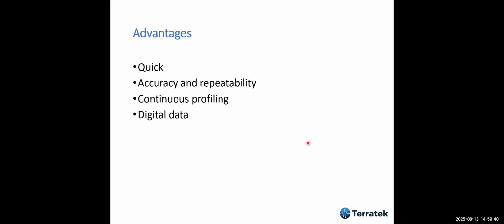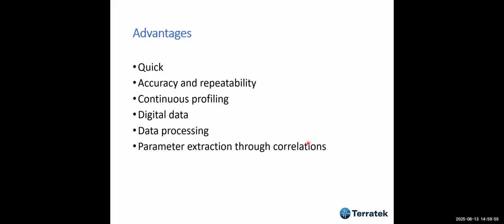Today, we can have digital data. When I started, we just had analog data. It was terrible in the early 80s. Then we can do a lot of data processing. Today we have programs which I'm going to address. Parameter extraction through correlations.